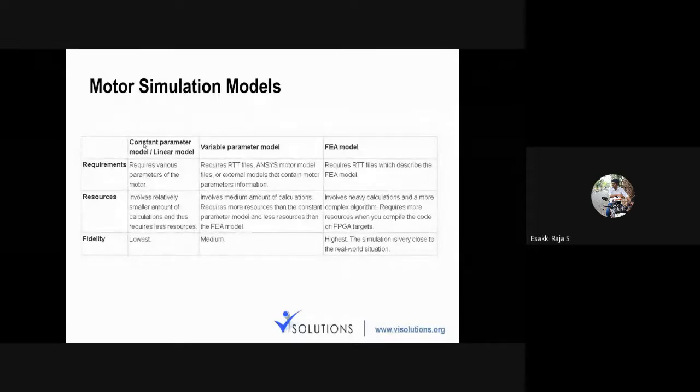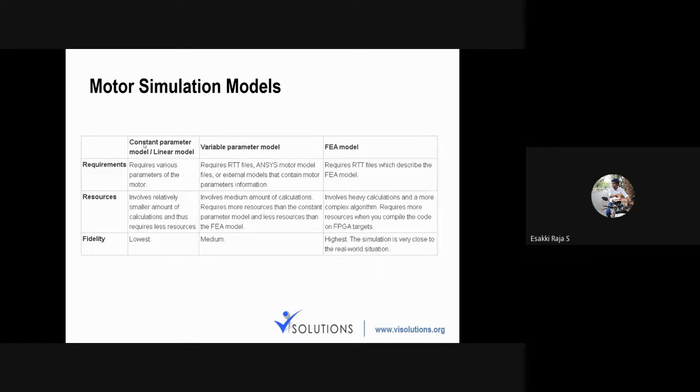For example, if you take a PM motor, we just need to specify its resistance value, the quadrature axis current and direct axis current, and the number of poles. That will be sufficient to simulate a motor.